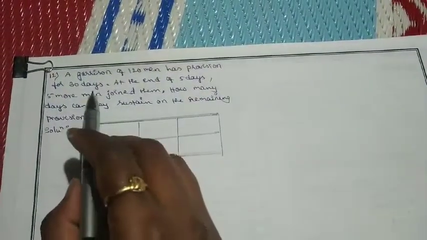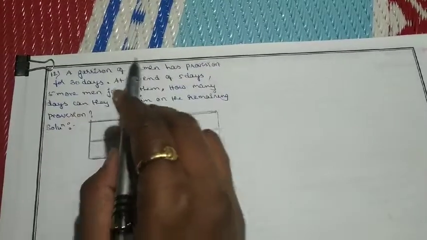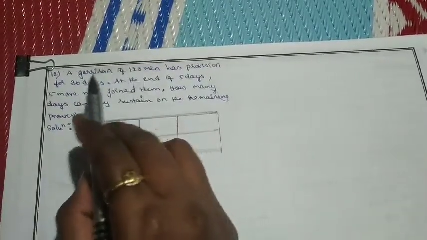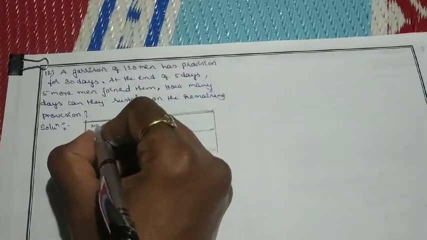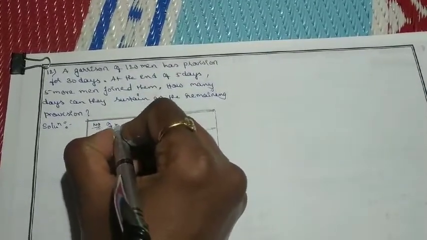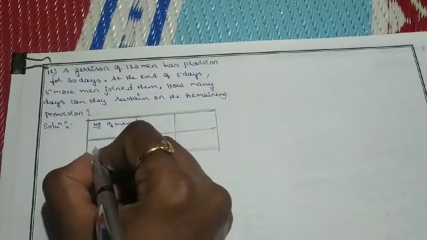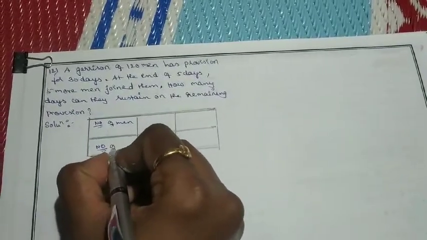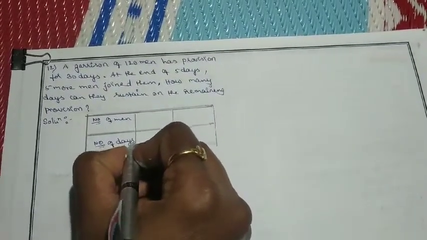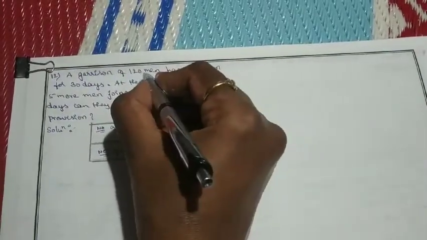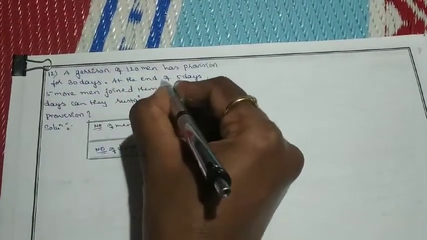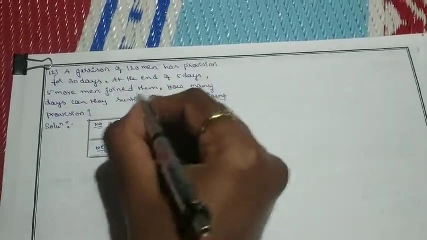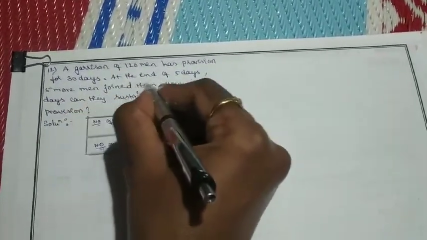So here the two quantities given are the number of men and the number of days. 120 men have provision for 30 days, but at the end of 5 days, 5 more men joined them.